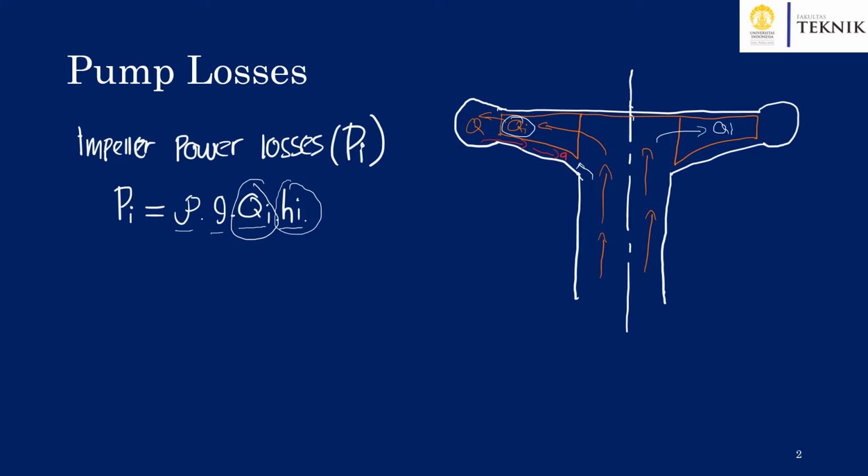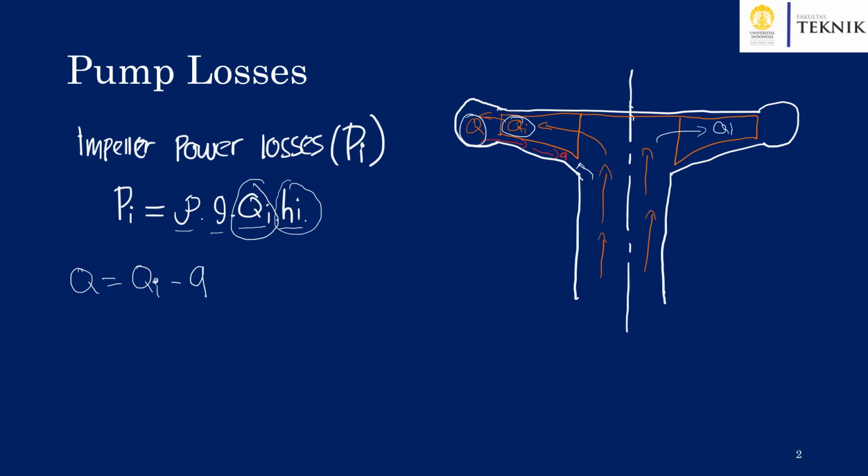As we know, when the fluid leaves the impeller, it flows at a flow rate of Q. Here we have Q when the fluid leaves the impeller, and it is a function of the fluid flow inside the impeller, QI, minus small q.